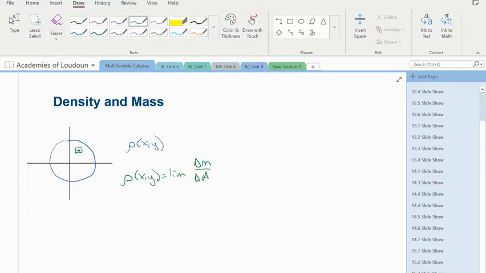So to find the total mass, we're going to divide this rectangle R containing this region into subrectangles, just like we did with Riemann sums, and we're going to end up with that our mass is approximately the sum from i equals 1 to k and the sum from j equals 1 to L of rho of each of these points, which you should recognize as the double Riemann sum formula.